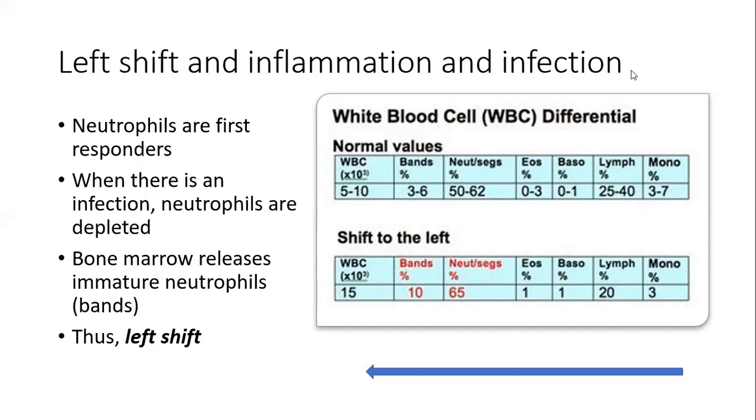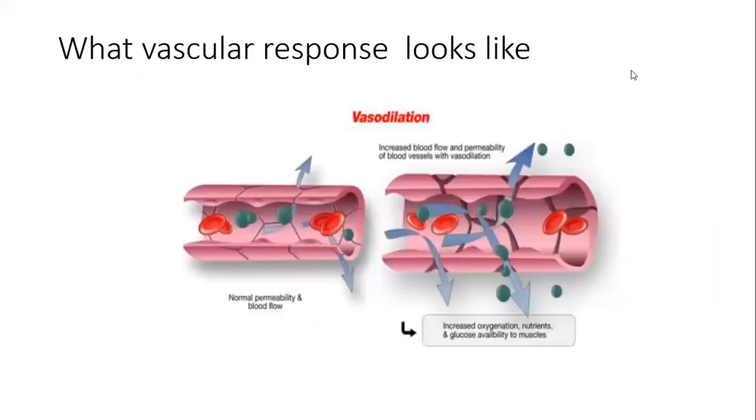And then because on a standard lab form, the bands are to the left of the neutrophils, there is a relative increase of bands compared to neutrophils, and that's called the left shift. So you might hear people talking about that. That's what that's about.